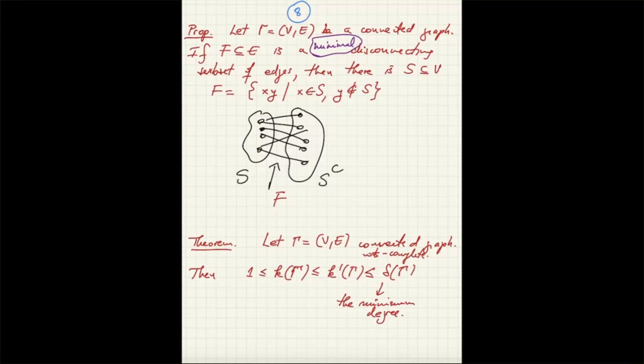So some of these inequalities are easy. The first one is easy because gamma is connected, so you have to delete at least something.